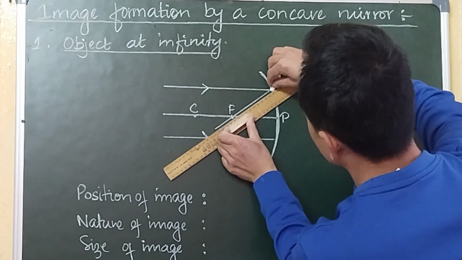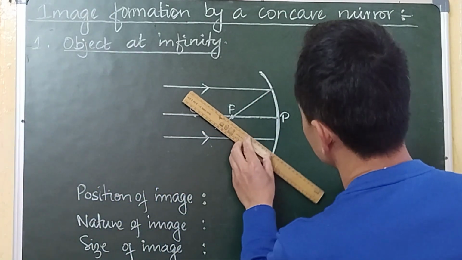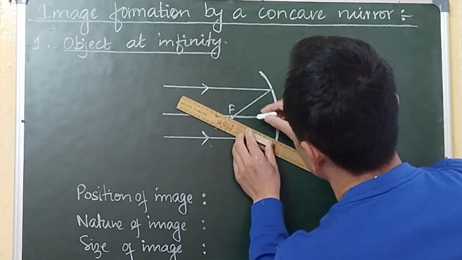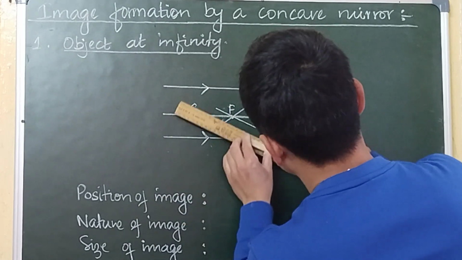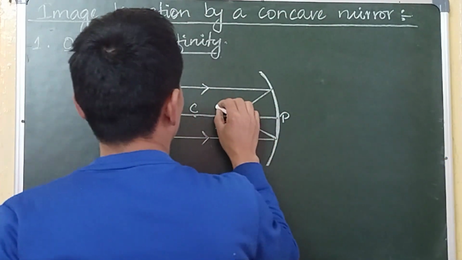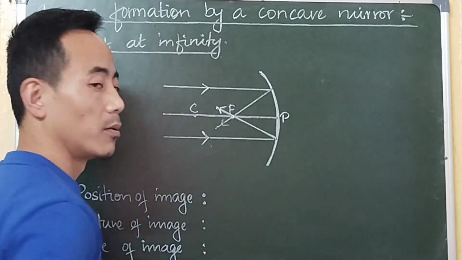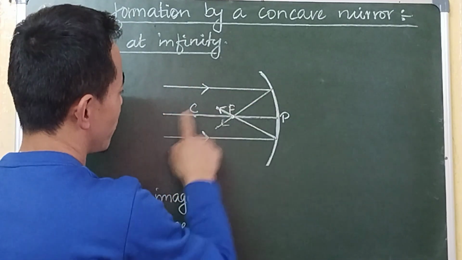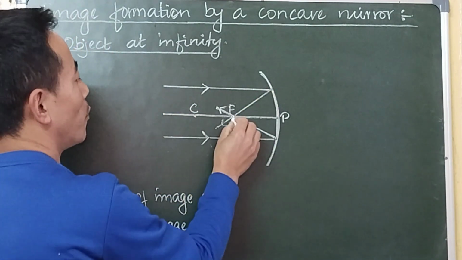This is the first reflected ray passing through the focus, and this is the second reflected ray passing through the focus. We have simply followed rule number 1.